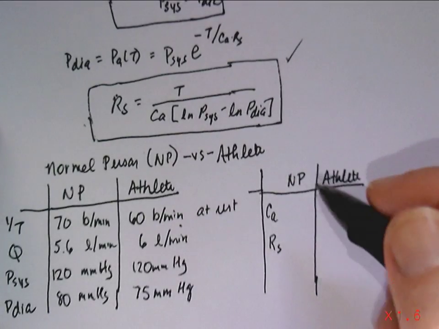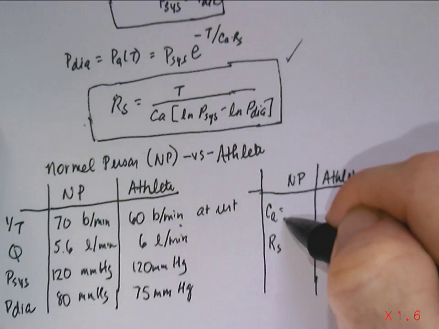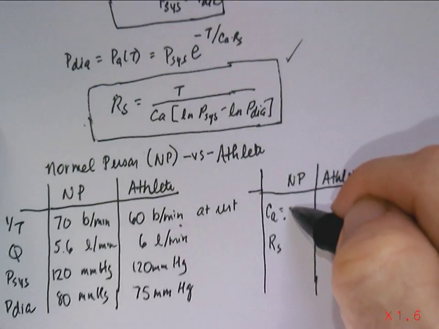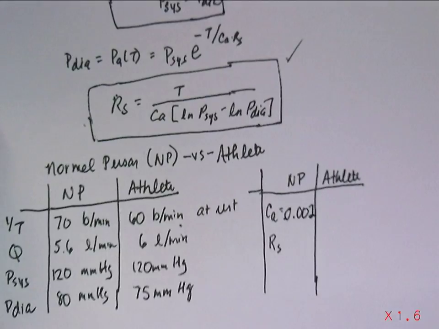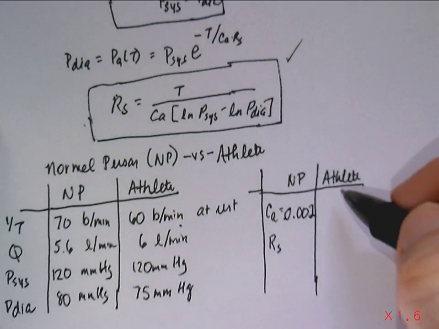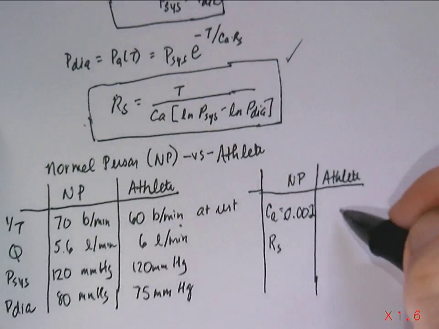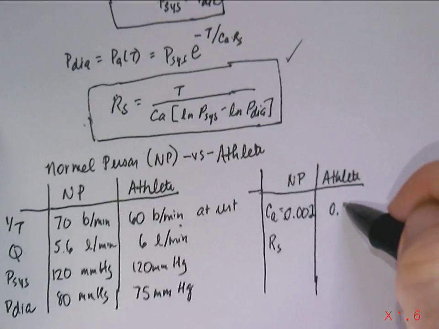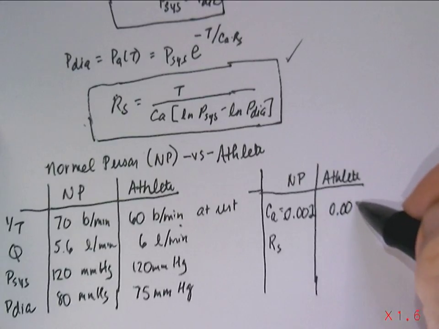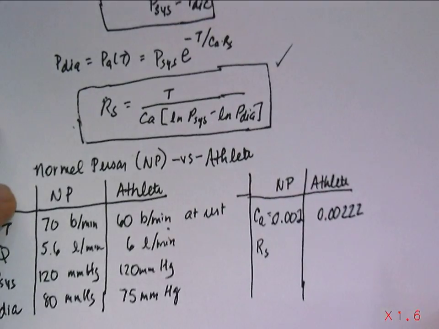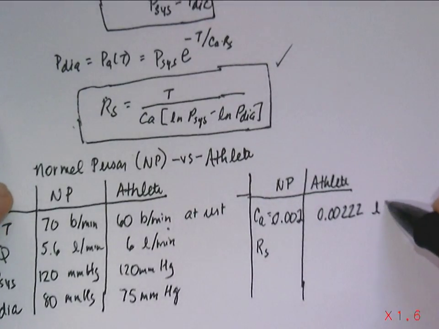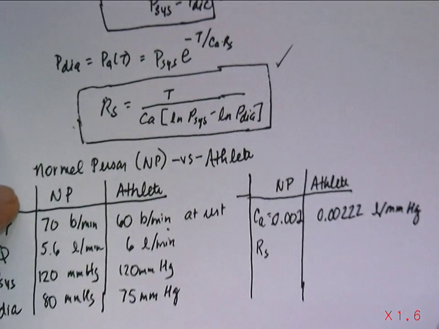Well, it turns out for a normal person, it'd be about 0.002. And for the athlete, it would be about 0.00, slightly larger, add a few more significant figures. And the unit would be liters per millimeter mercury. Okay? So it's only slightly larger for an athlete.